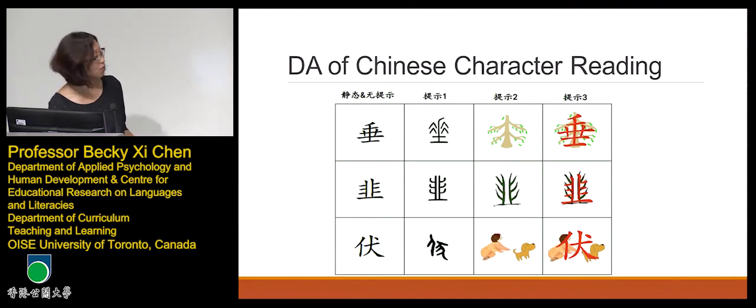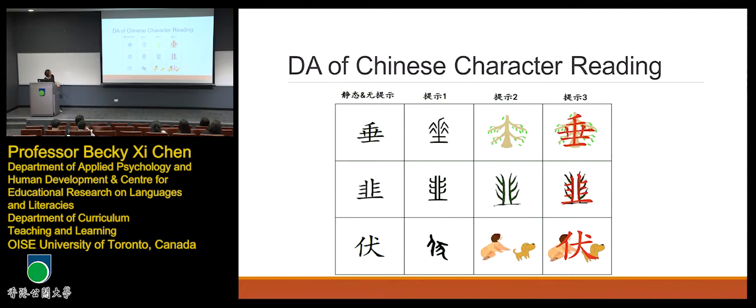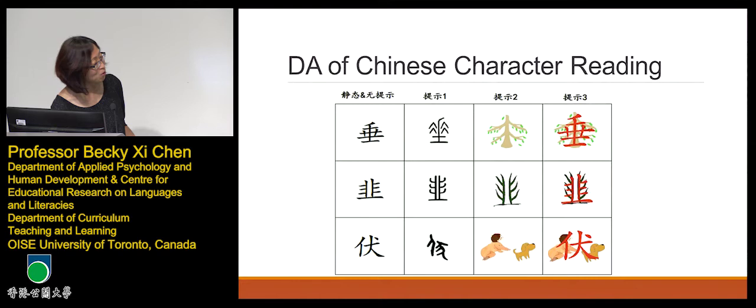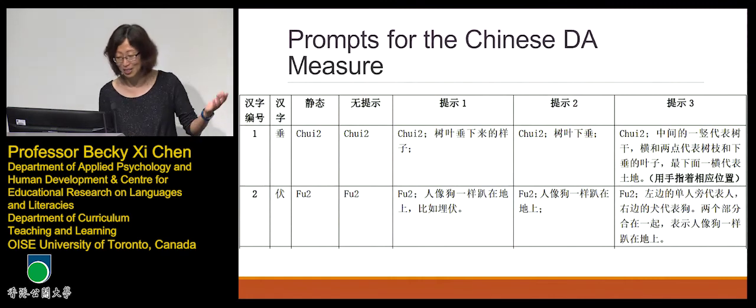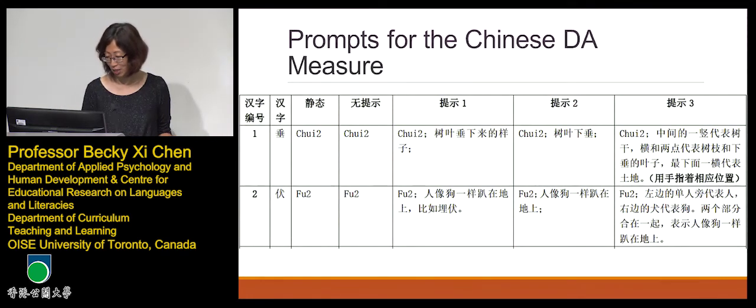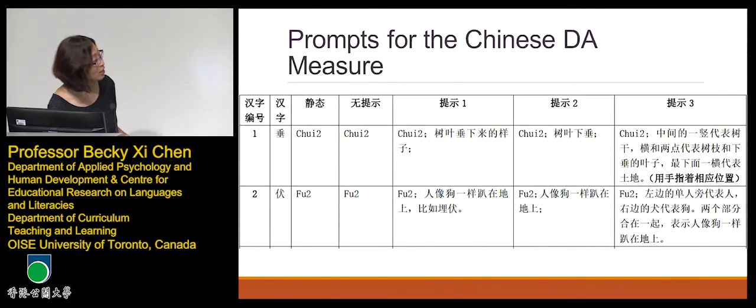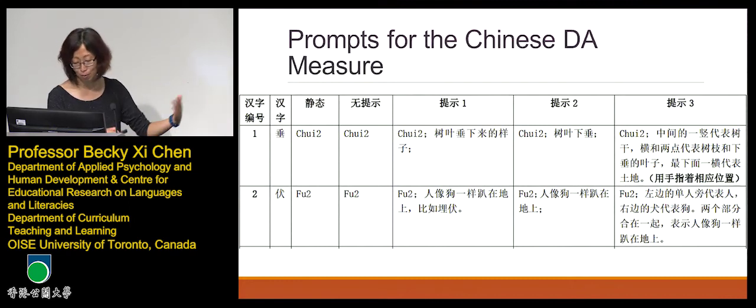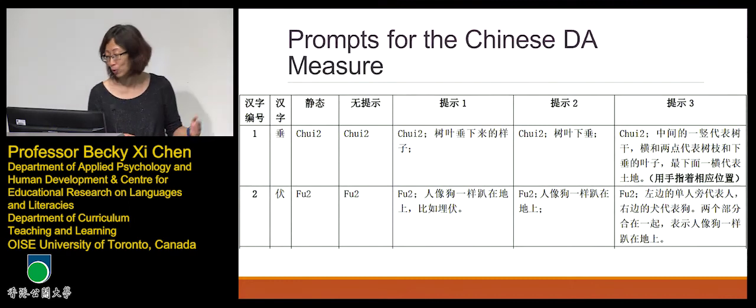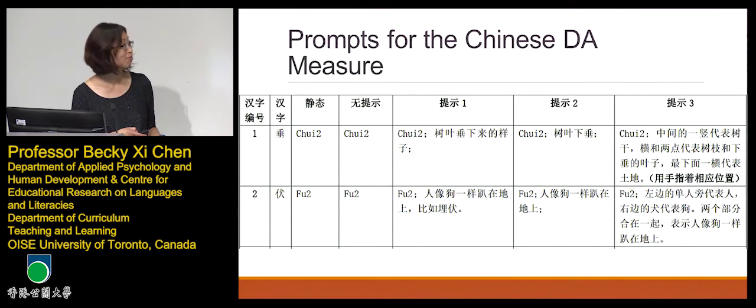So again, you show them the ancient form of the character, you show them the picture, and then you draw a connection between the form and the picture. So basically, I didn't know about this. So the character basically means 人像狗一样这样伏在地上，所以叫伏。Okay.